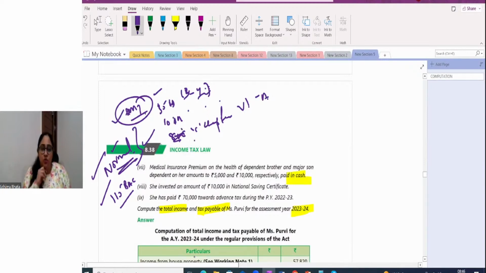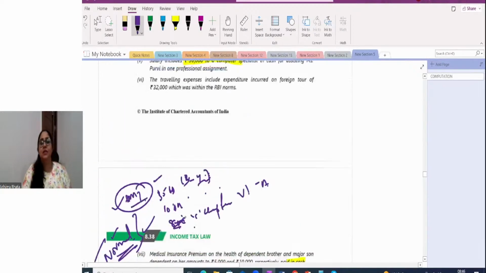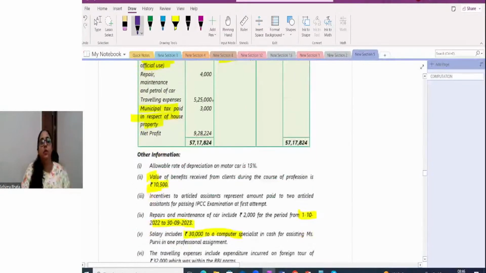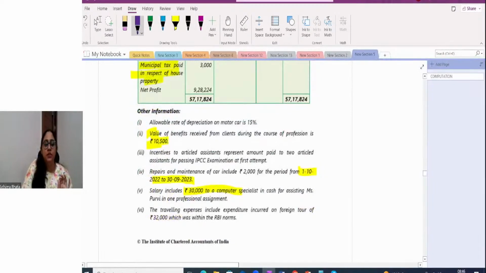Now, you must have seen one thing I'm saying again and again: I never jump to solving a question by reading just the income and expenditure. I give 1 minute to read the adjustments, to mark the few points which have to be taken care of, and then do it systematically by putting ticks. Because of paper pressure, students have a tendency to skip certain things, saying oh, this point was not seen.